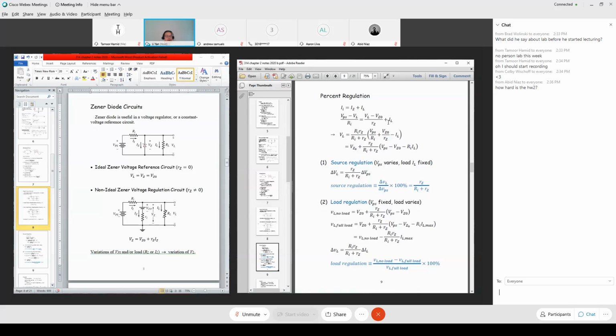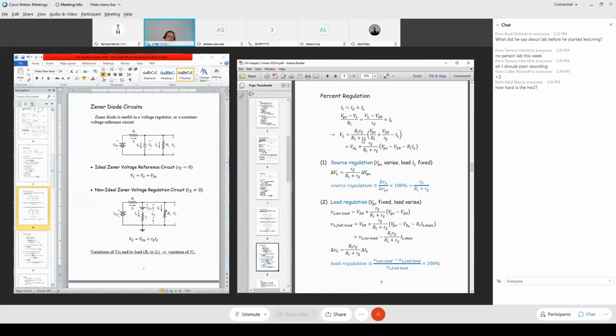I want the output voltage, which is VL, which depends on the source voltage VPS and on how much load current IL we use. It's a simple rearrangement of the expression in this equation.